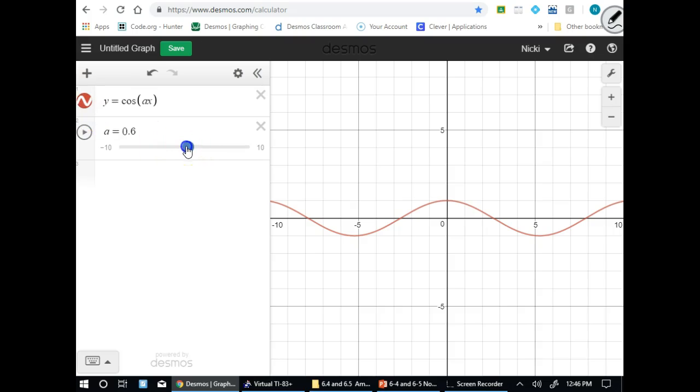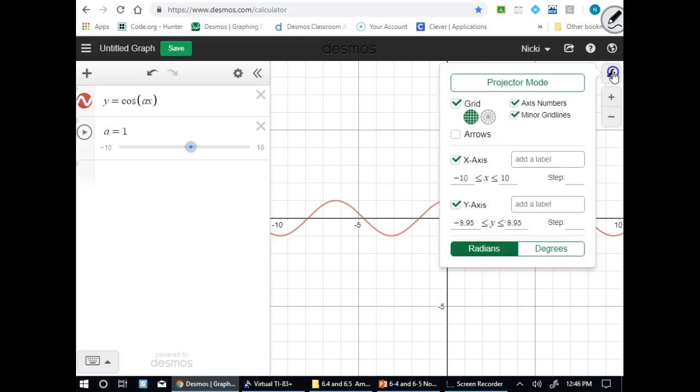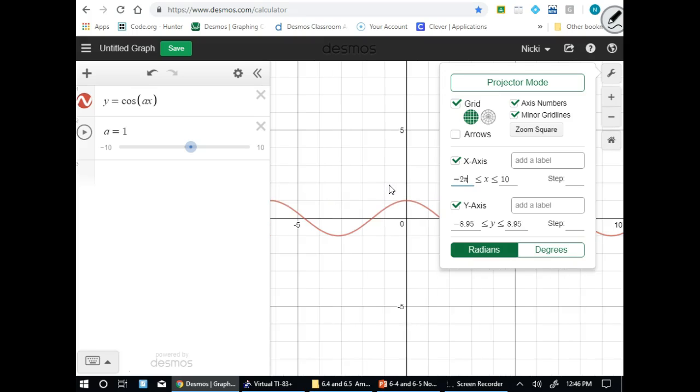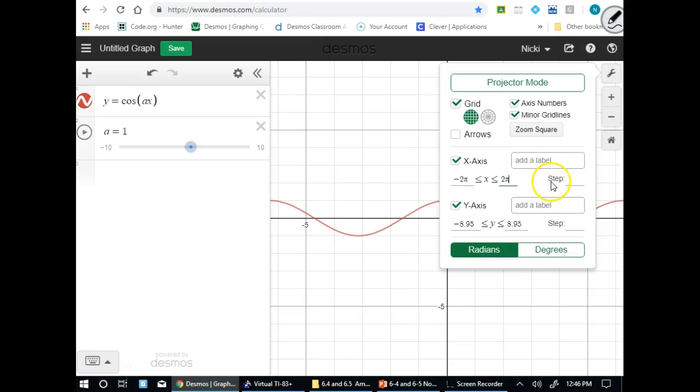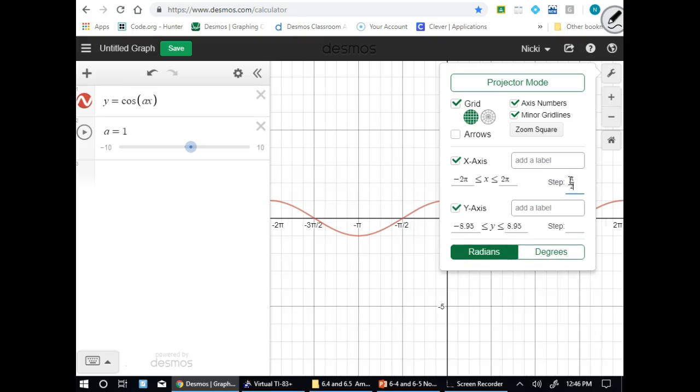So normally, my period for one of these, let me fix this here. Let's go up 5. Let's go negative 2 pi, 2 pi. Let's go 5 pi over 2. And we just need like negative 2.